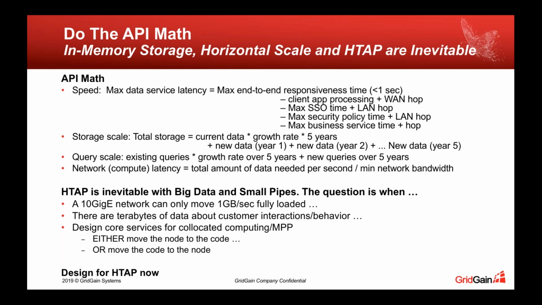And that's what in-memory computing does when it scales out horizontally. It doesn't just scale out the data, it scales out the compute. And this is what we're getting at when we talk about hybrid transactional analytical processing, and doing not just some standard transactional code, but running analytics. When you do this math, you're going to be showing that you have to design for HTAP, for co-locating the code with the node.